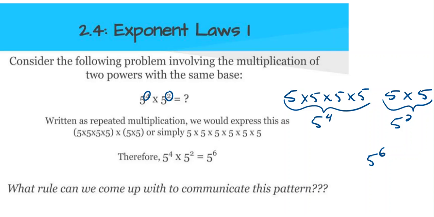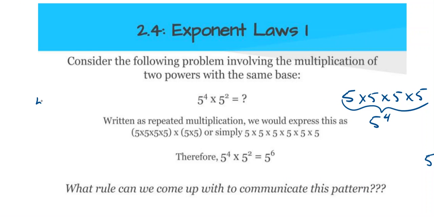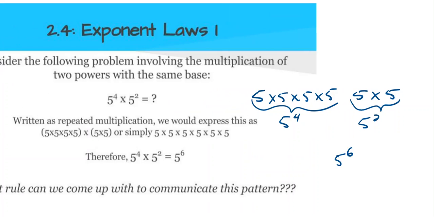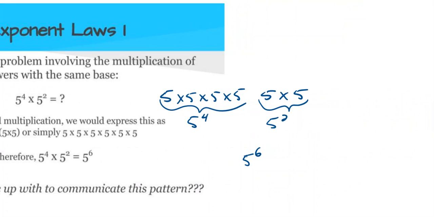Well, would this work though? If I would have had, let's say, 4 to the power of 4 times 5 to the power of 2? That one won't work, right? Because that's not the same thing. They have to be the same base, right? So it's got to be 5.